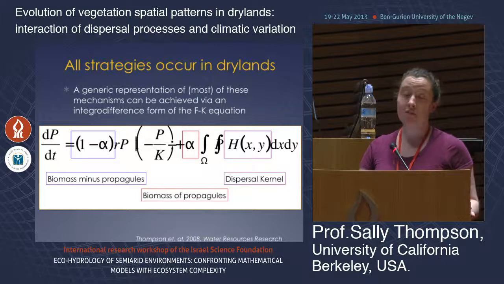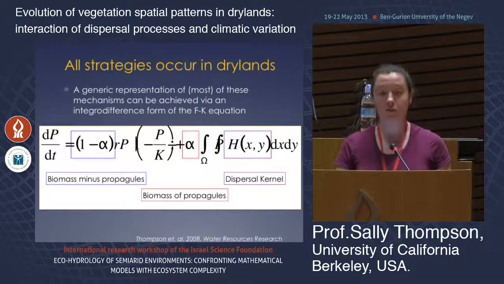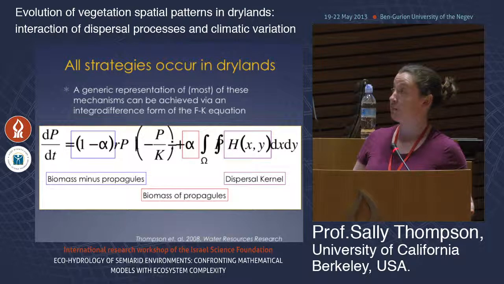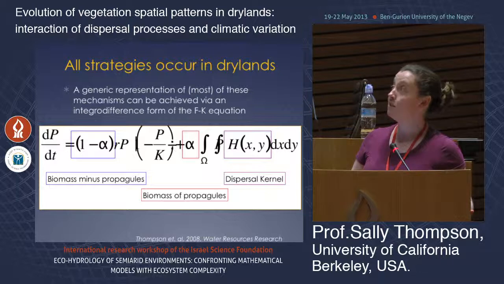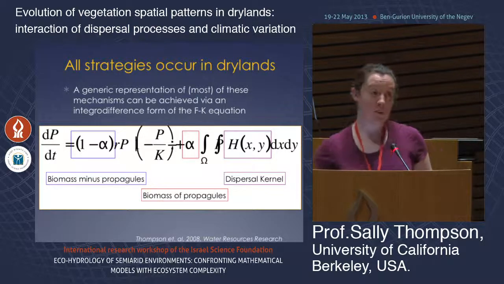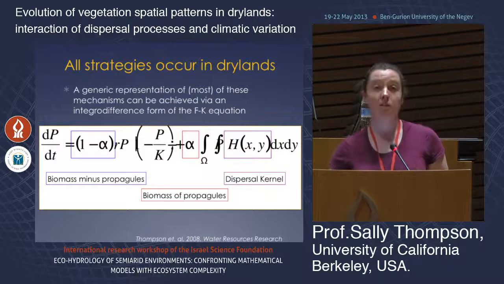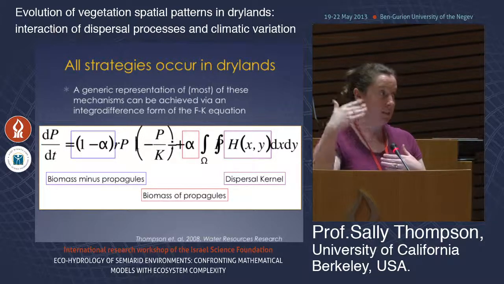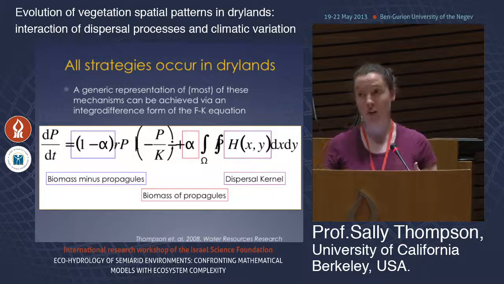The spread here is given simply as a convolution integral between the mobile biomass, so that's the product of this fecundity and the standing biomass at the point there, and a dispersal kernel, where the dispersal kernel is a probability function representing the distribution of distances that individual seeds can travel from their parent.